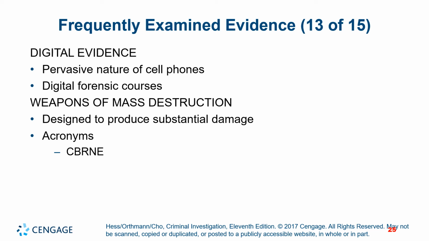However, CBRNE events can also happen accidentally. The explosion at the Chernobyl plant in the Soviet Union in 1986 is one example. The accident following the earthquake and tsunami in Japan at Fukushima is another example, but there have been many accidents.